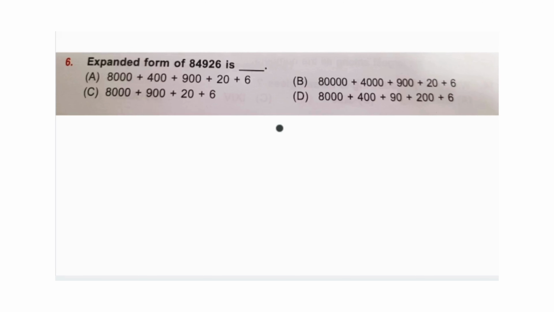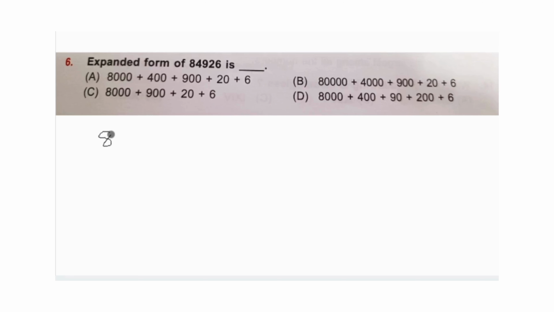So let's look at question number 6 from number sense. Here we have to find the expanded form of 84926. What is expanded form? Expanded form is the sum of each digit multiplied by its place value. So let's find the place values of each of these digits in 84926.